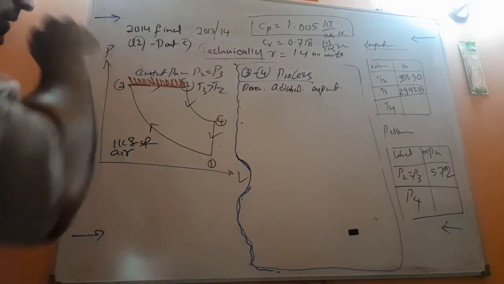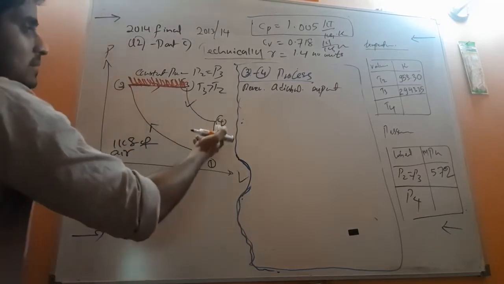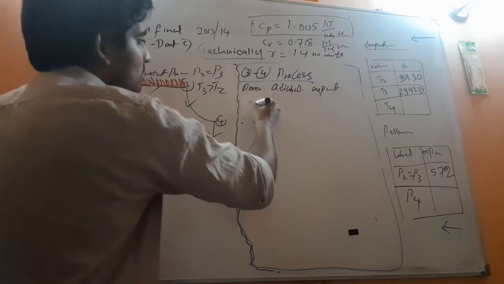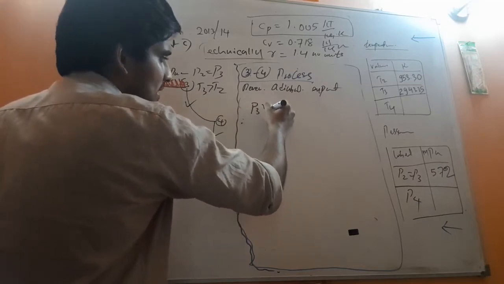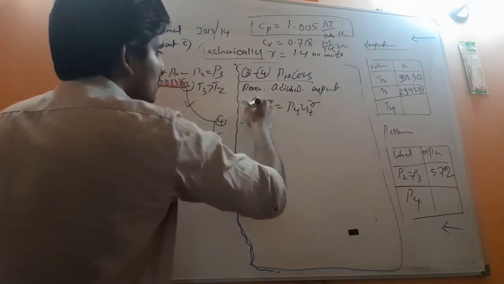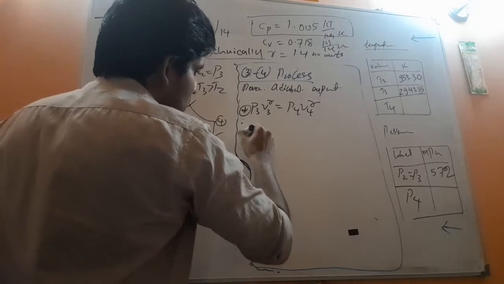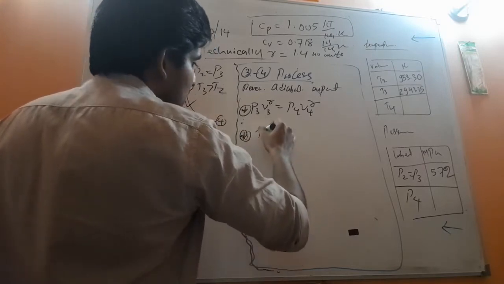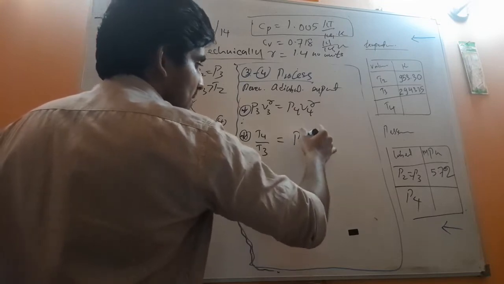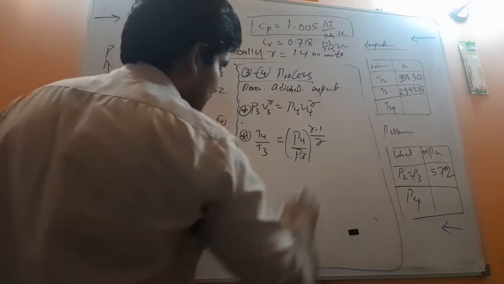That means no problem, we can use the adiabatic equations for that. So what are the equations that we can use? This is the starting point, this is the ending point. We can use P3 V3 to the power gamma equals P4 V4 to the power gamma. One relationship. And also T4 divided by T3 equals P4 divided by P3 to the power of gamma minus 1 over gamma.